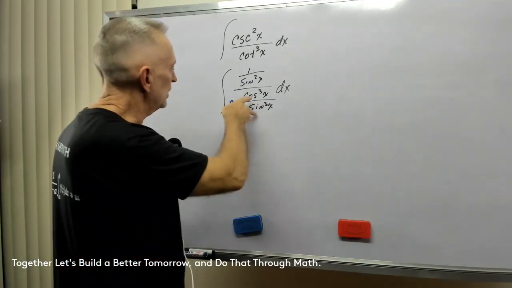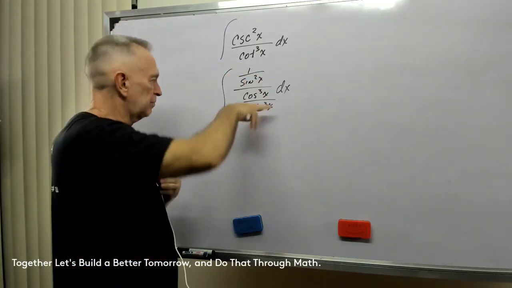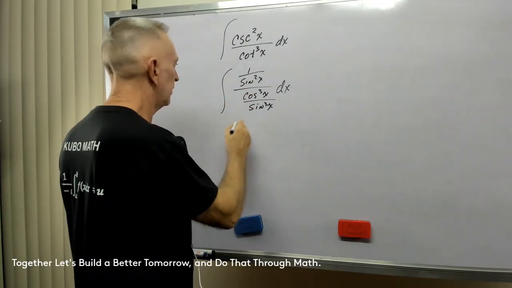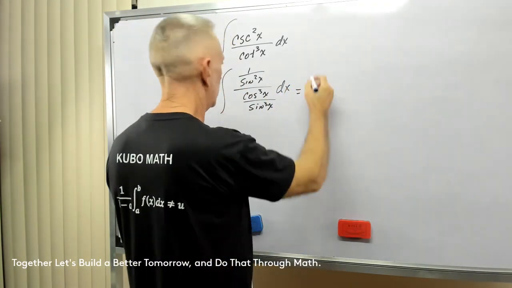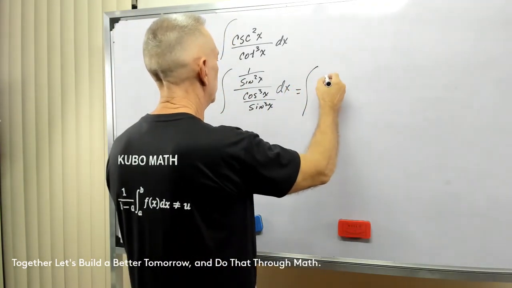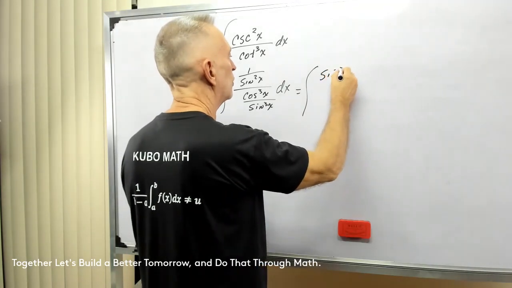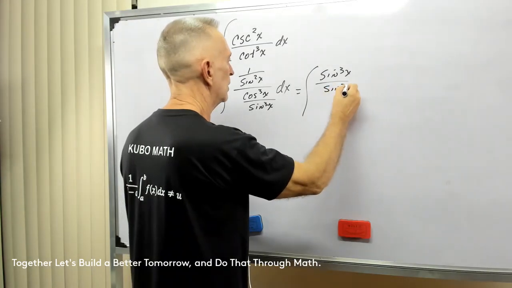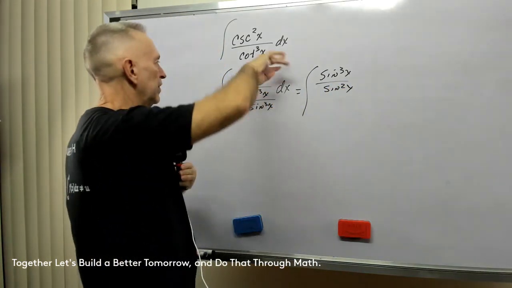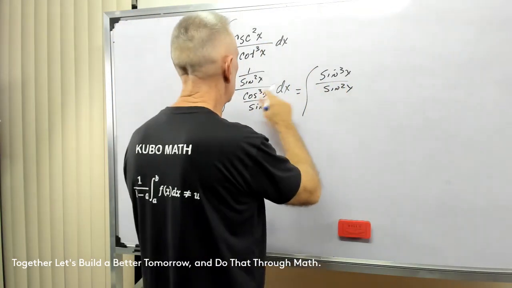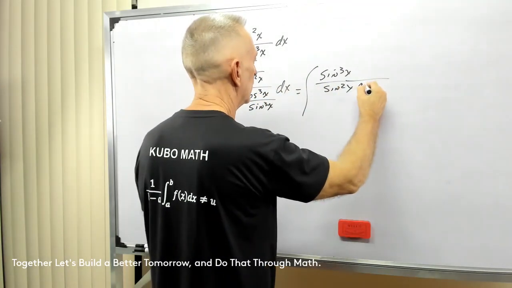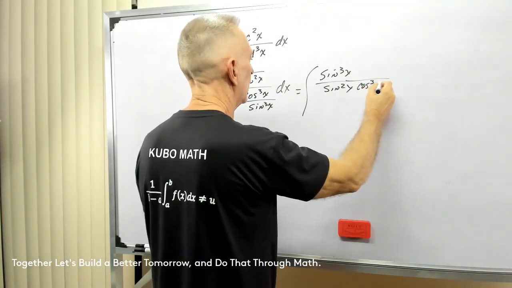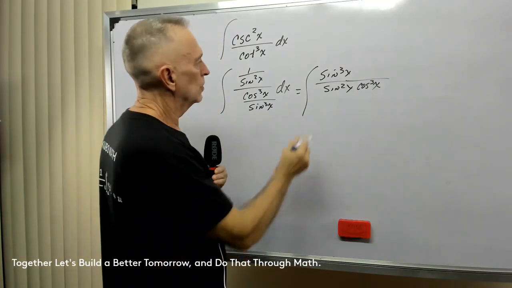So you can see if I flip this fraction up, I'll do that here so we don't run out of space. We end up with sine cubed x over sine squared x, times cosine cubed x. So what happens here?